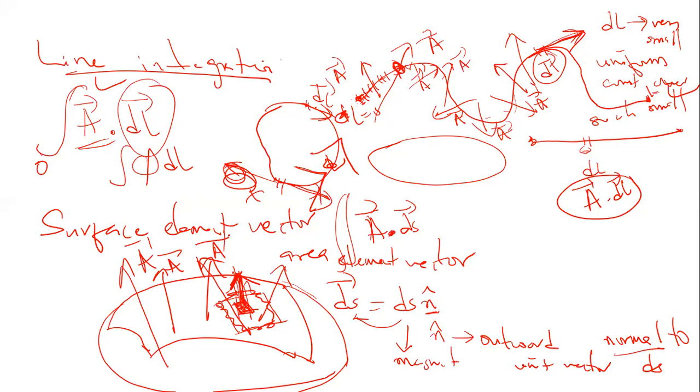And in addition to that, if we are going to perform volume integration over the volume enclosed by this arbitrary surface, you have to consider volume element again. So the volume element is called d tau.